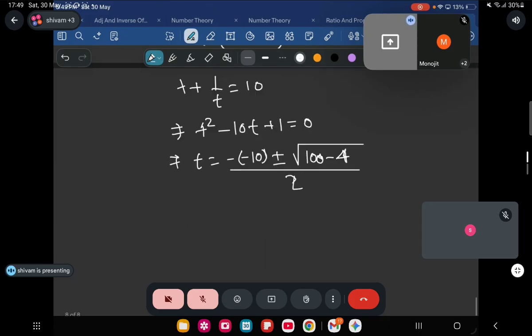So what do we get, everyone? 10 plus minus root 96 divided by 2. Root 96 means what? 16 into 6. So 4 root 6 divided by 2.